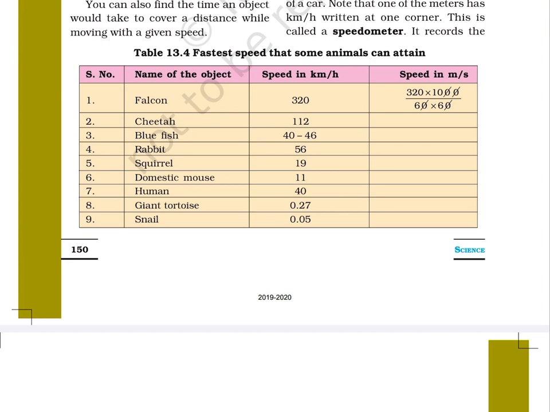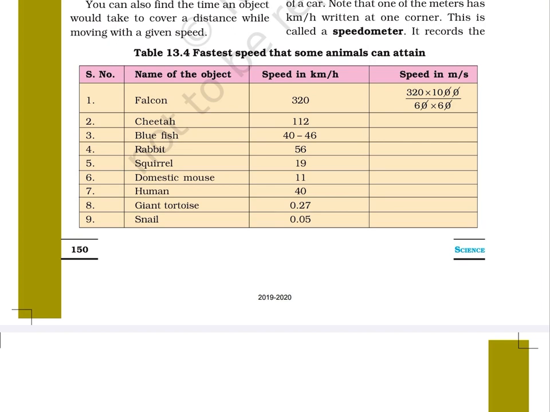In the fourth column, we have speed in meter per second. 1. The object is falcon. The speed is 320 km per hour. The speed in meter per second is 320 multiplied by 1000 divided by 60 multiplied by 60.